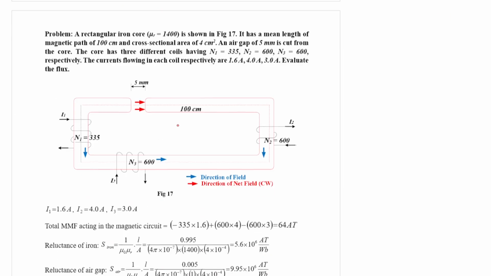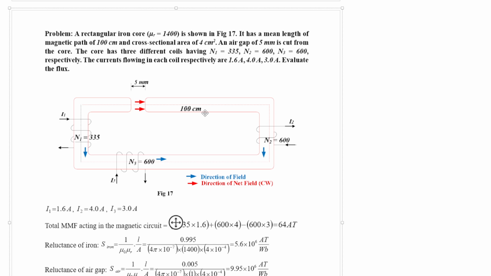Now moving on to our last problem for this module, we have an inductance problem, right? Now it is given, this is a rectangular core as shown in figure 17.